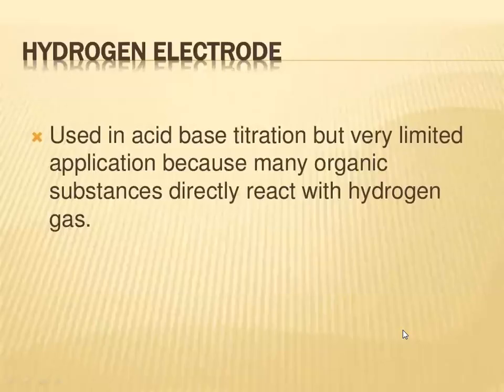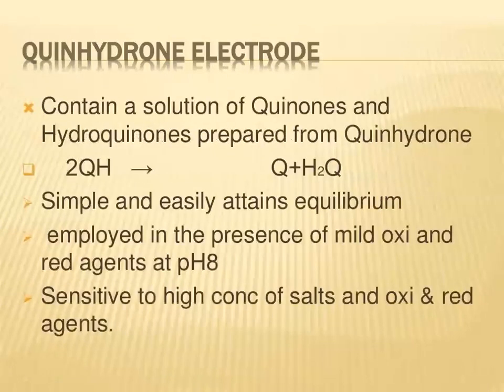Then we'll discuss hydrogen electrode. Hydrogen electrode is used in the acid-base titration, but it has very limited application because many organic substances directly react with hydrogen gas. Then we have quinhydrone electrode that contains a solution of quinone and hydroquinone prepared from quinhydrone. Okay, so 2QH giving Q plus H2Q.